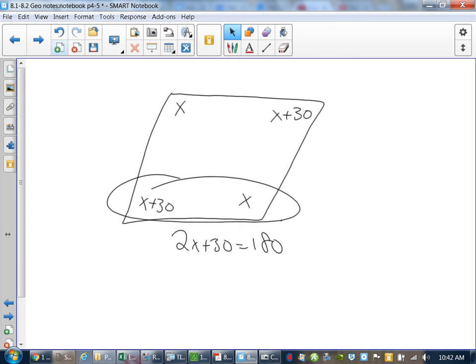Subtract the 30, then we have 150. Cut 150 in half, and what do you get? So if one is 75, what's the other? 105, because you add 30 to it. Quick way to check: do those two add up to equal 180? Yeah. Then you're on the right track. That's the kind of thing you're able to do with parallelograms.